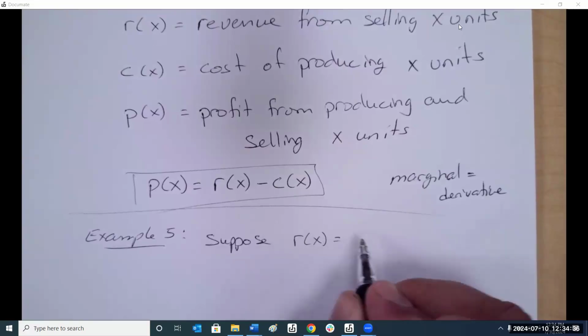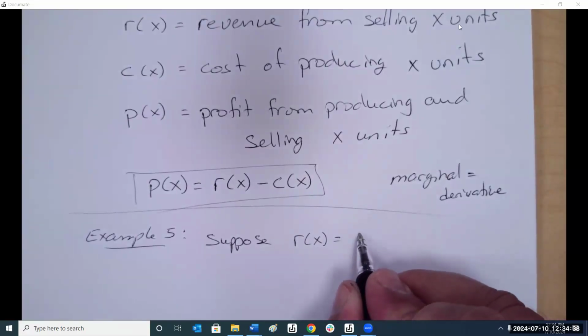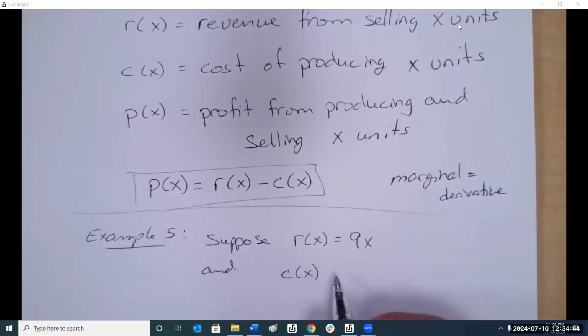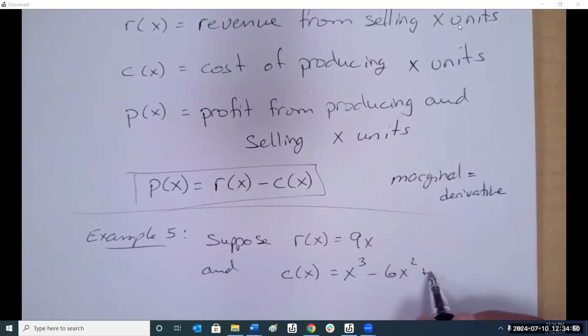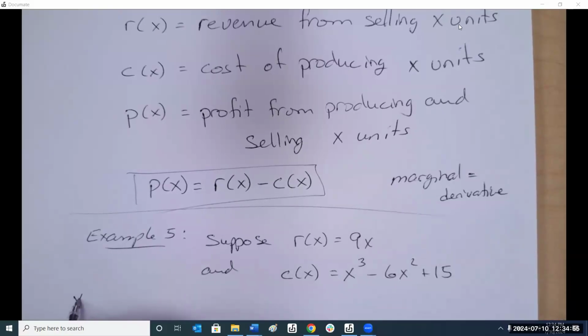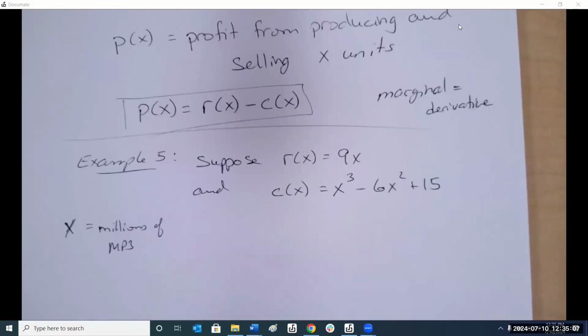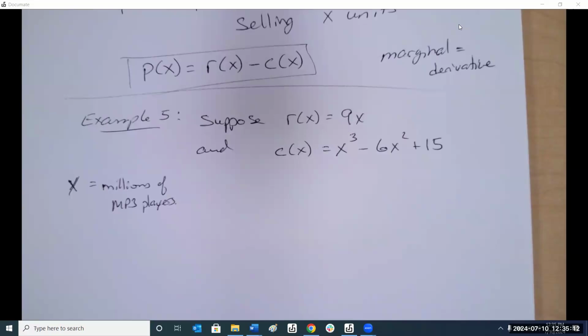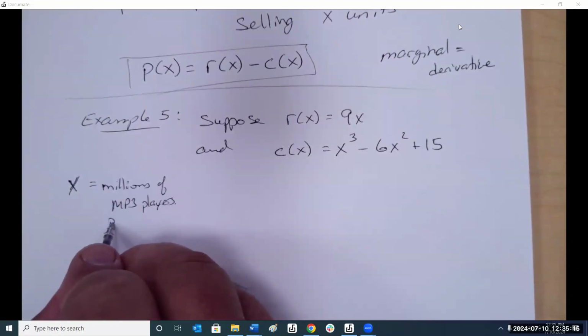Suppose the revenue was 9x and the cost function was x cubed minus 6x squared plus 15x. x equals millions of MP3 players produced.